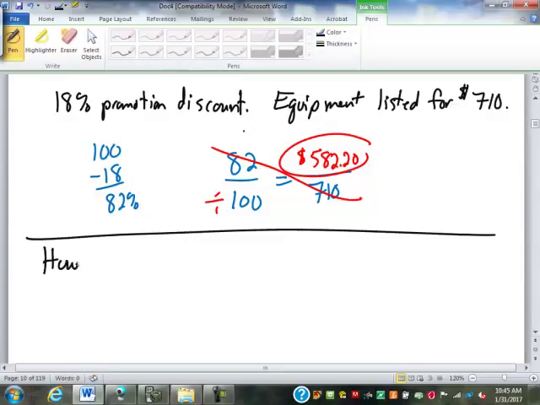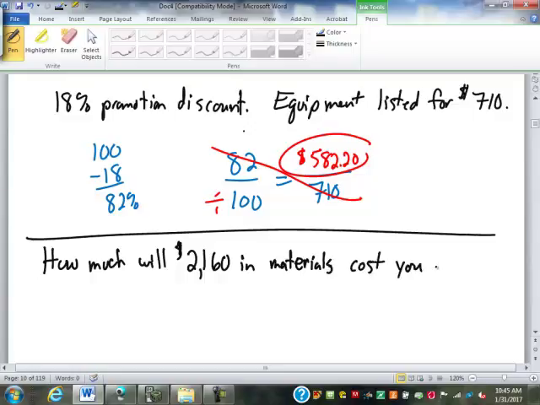How much will $2,160 in materials cost you after a 6.2% trade discount? Figure that one out in your notes quick.